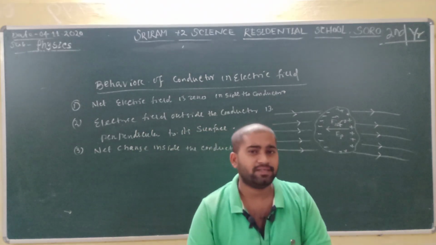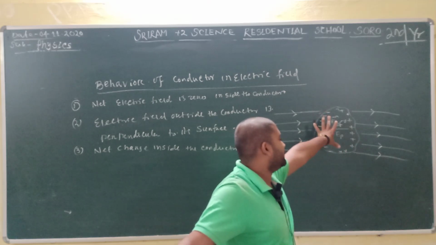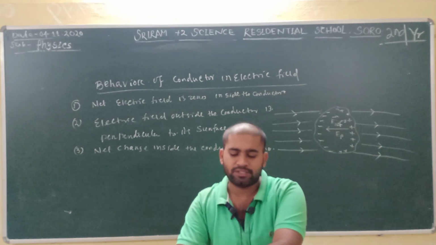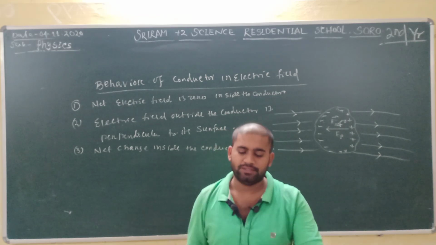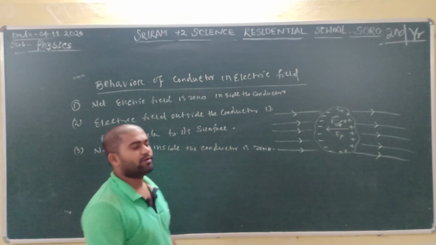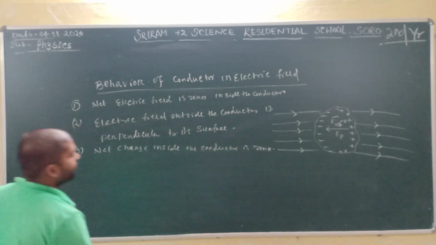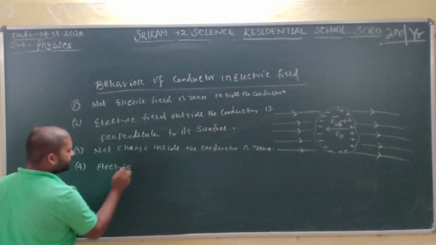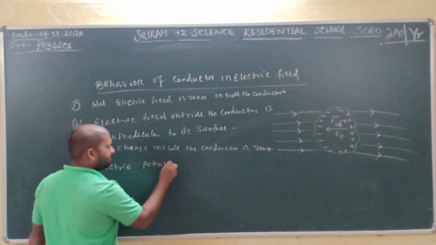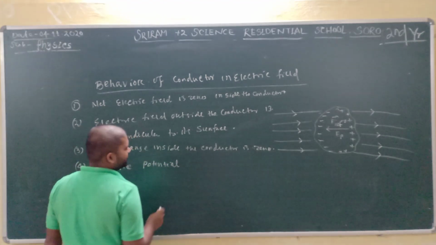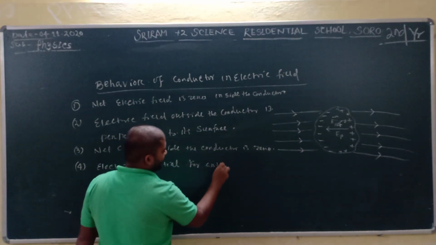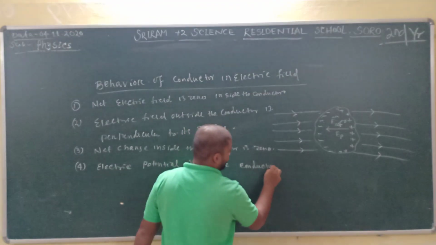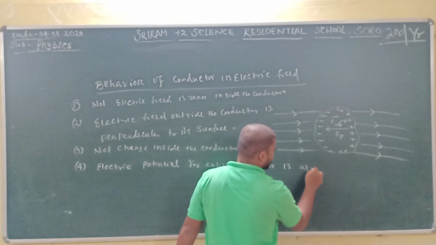Another thing: a conductor always possesses a constant electric potential. Number 4, the electric potential for the entire conductor is always constant.